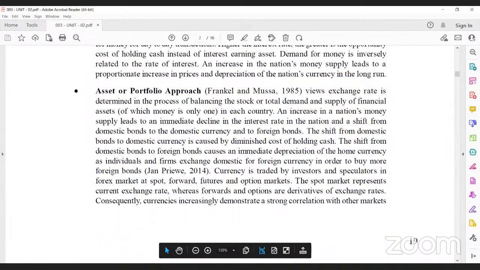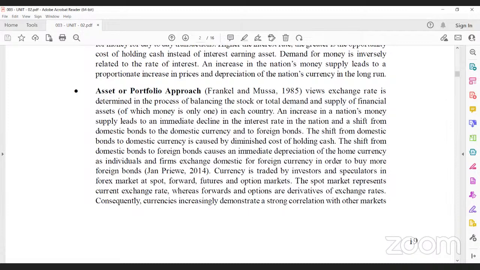Now, another approach, that's the portfolio approach, which was given by Frankel and Mussa in the year 1985, which had an opinion that the exchange rate is determined in the process of balancing the stock. In brief, it is all about, again, the demand and supply of financial assets in each country.